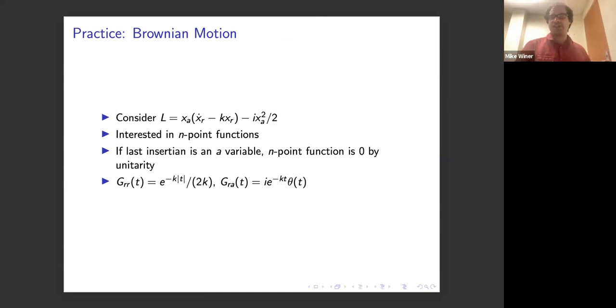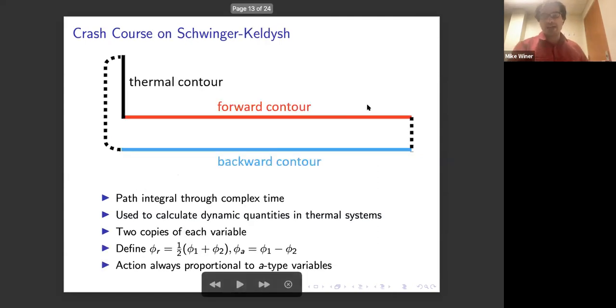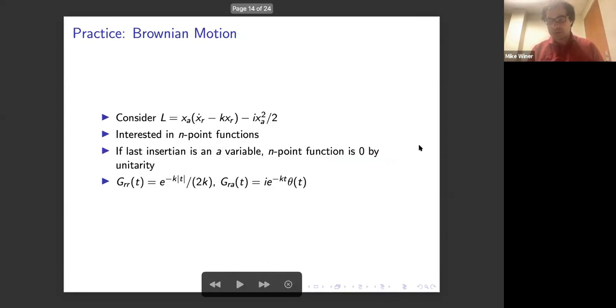And second of all, there's a theorem called the last time theorem, which says that the chronologically latest insertion is an A-type variable, and the endpoint function is always going to be 0. If we look back here, that's because we have a phi 1 here and a phi 2 here, and we're subtracting them. But phi 1 and phi 2, if it's the last time, are equal as an operator identity. So the difference is 0. That's where we get this last time theorem.